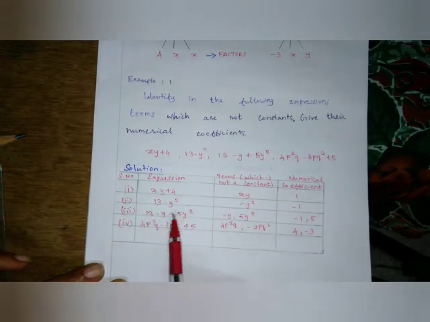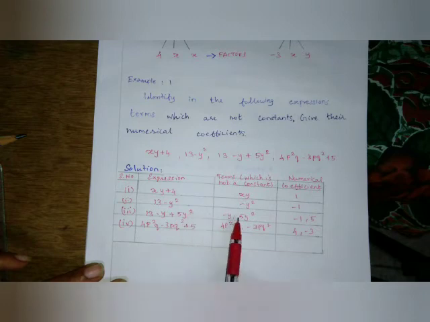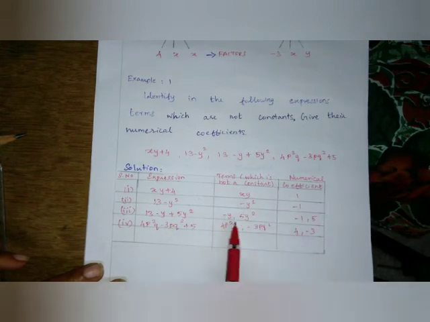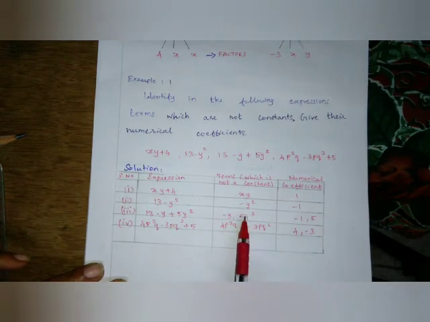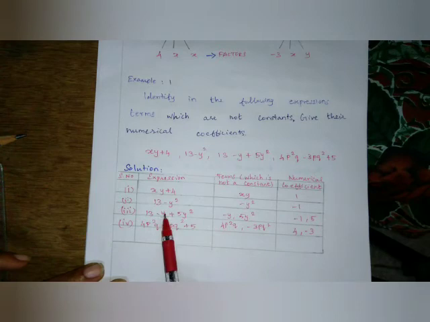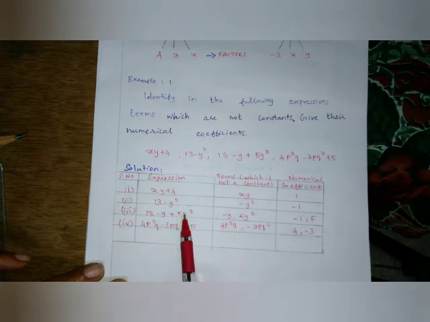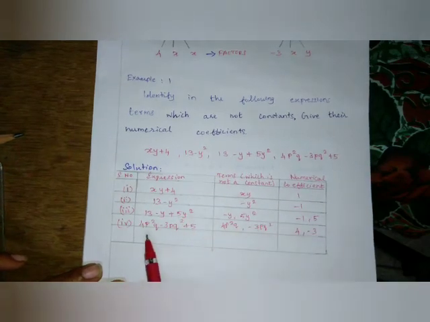In the next expression, 13 is the constant and the other terms are minus y and 5y squared. The numerical coefficients are minus 1 for minus y, and for 5y squared we have 5.